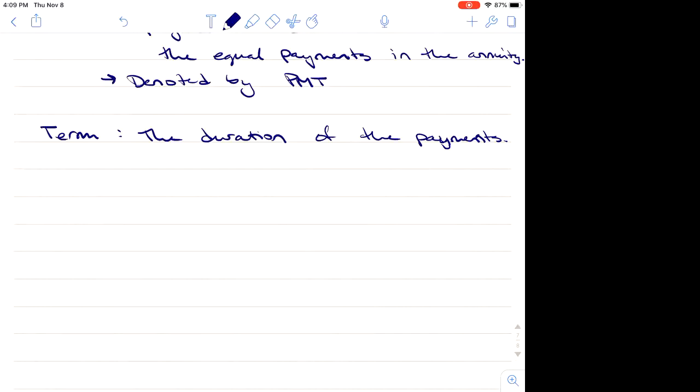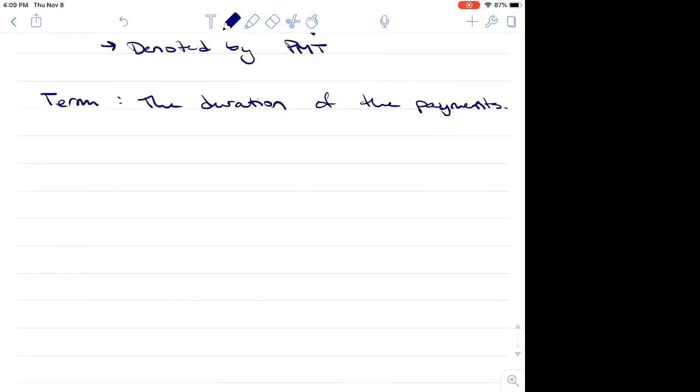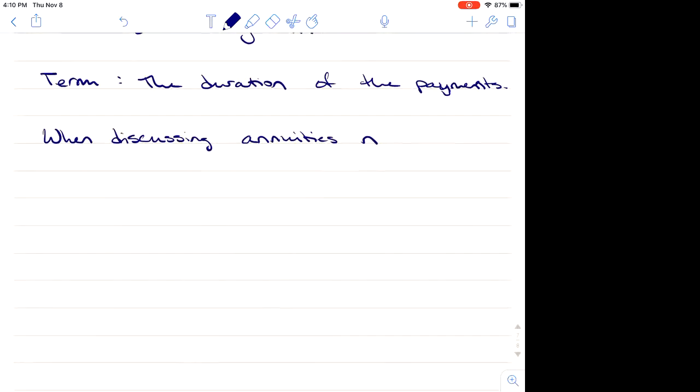So technically, they'll be the same, but we have to start thinking of N as the number of payments instead of the number of compoundings. F is the compounding frequency still. So when discussing annuities, N will now denote the number of payments.